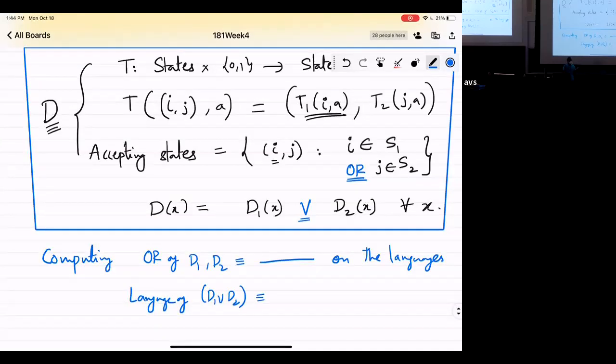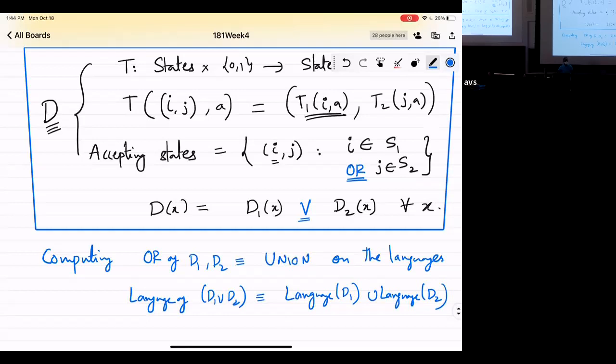What corresponds to the language of the OR of the two functions? Yeah? Union. Okay. So this is union.